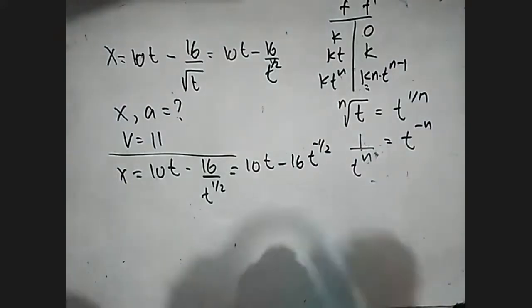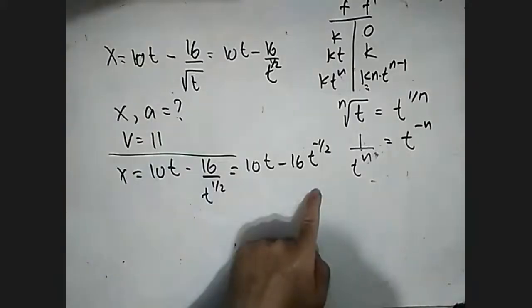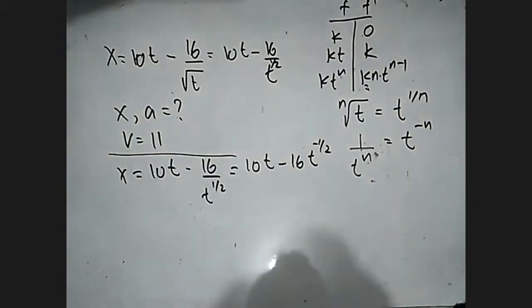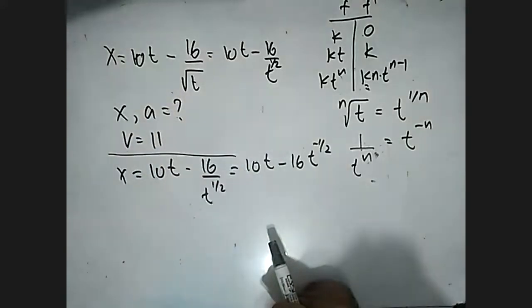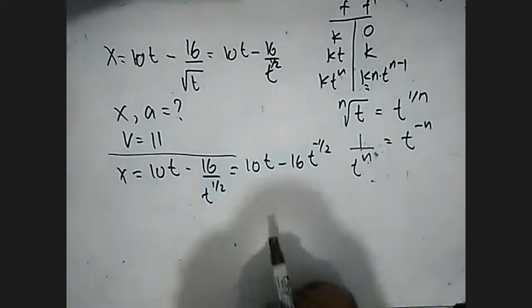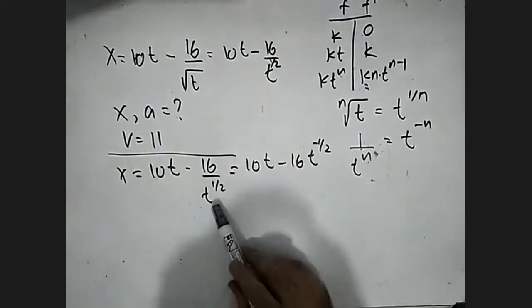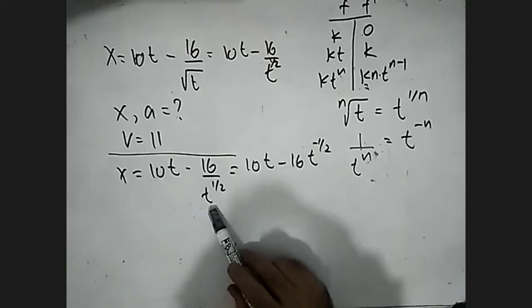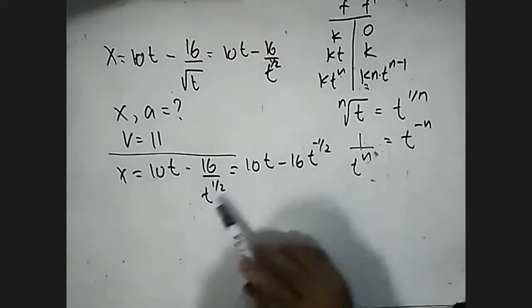I repeat, we change this in steps. First, where it's square root, we make them into t power something. In this case, it's power 1 over 2. Next, because the power 1 over 2 is at the denominator, in the bottom side of a fraction, we put them on the top by attaching the negative value of it.